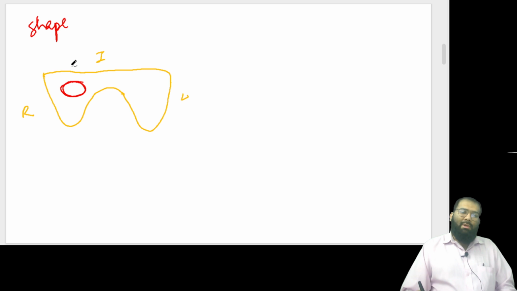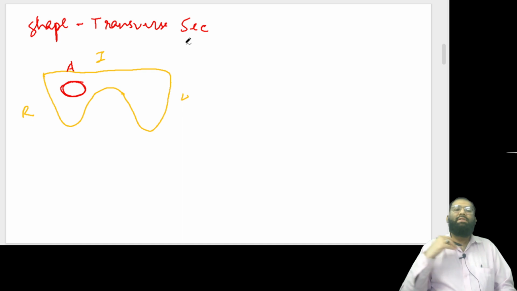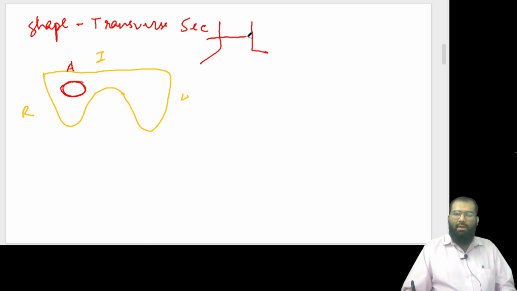So let this lesion be lesion A. Both of this we are seeing in transverse section, transverse or axial section में देख रहे हैं. So if this is neck, we have cut the thyroid in this section.